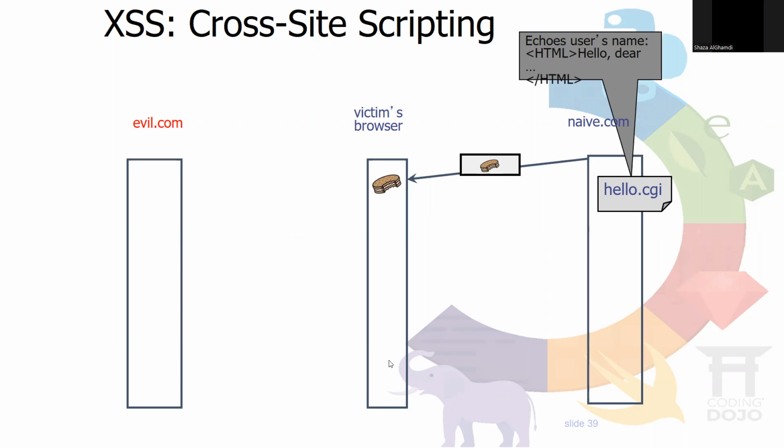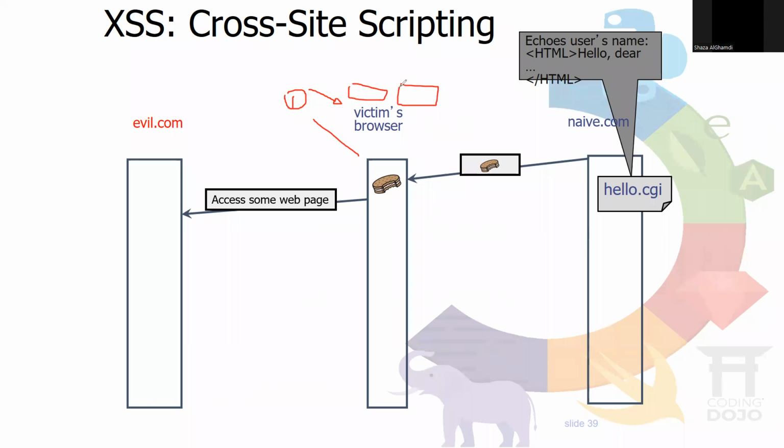Here, you access some web page. How did you access it? That's why I said there is a condition for the attack to take place. The condition is that you received, maybe maliciously, a link over an email, or someone convinced you from social media to visit their website, or by any means the attacker managed to socially engineer you to visit evil.com, a website owned and controlled by the attacker.